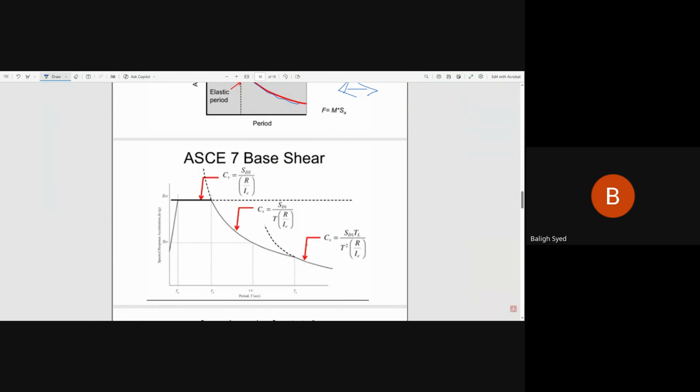We discussed the constant acceleration region, then the constant velocity, then the constant displacement region. There were probably four regions, and we discussed in detail which equations control the response of the system, and which equation controls which region.